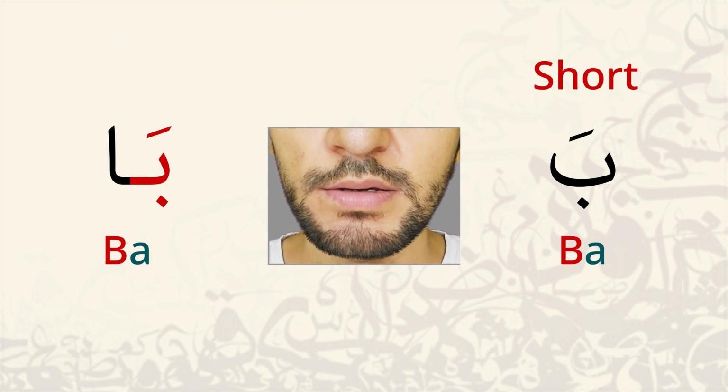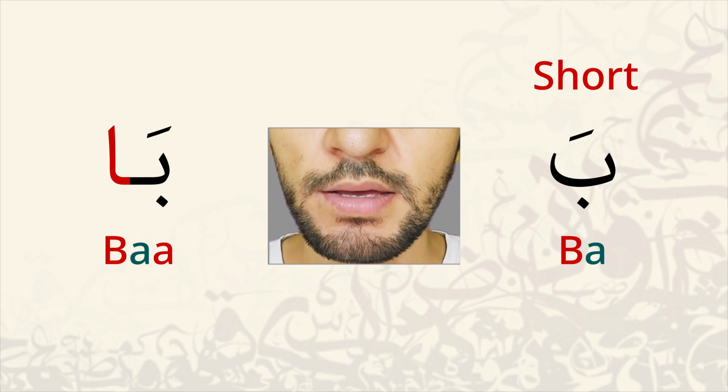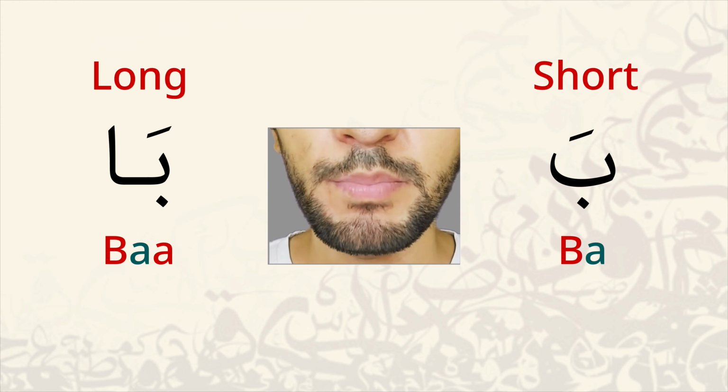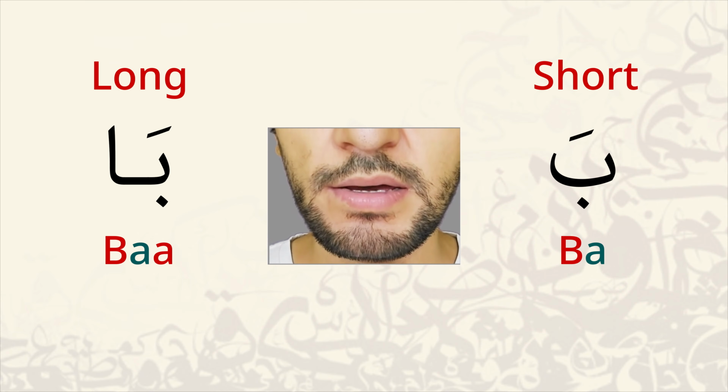And here we need to add only the sound of the second letter, Alef, which is E. So it's like we have 2 E sounds in series, and that's how elongation is formed in Arabic long vowels. We spell it as Bee.